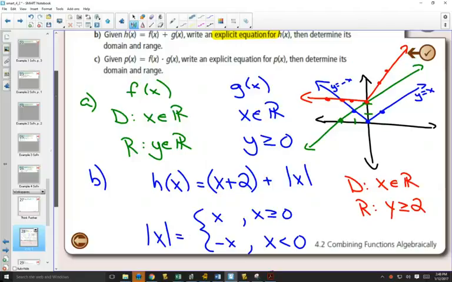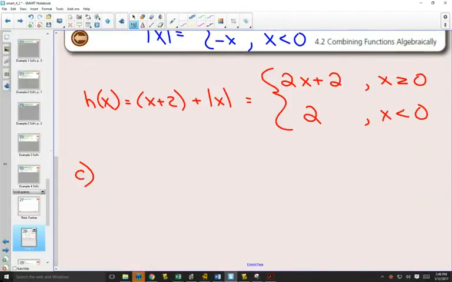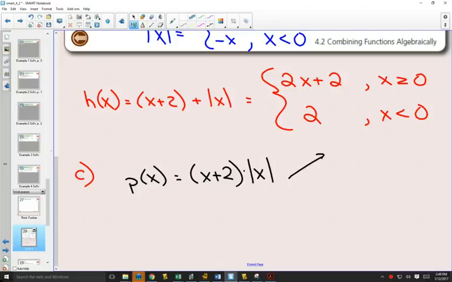So part C says multiply them together. So part C, p of x would equal this one times by this one. And if you wanted to, we could write this as a piecewise function.